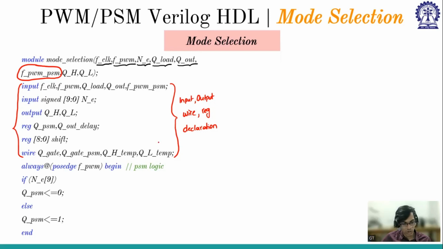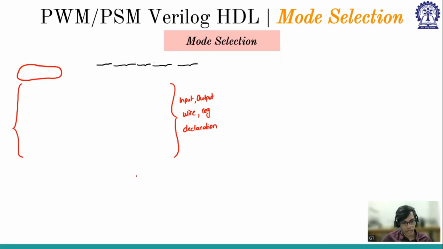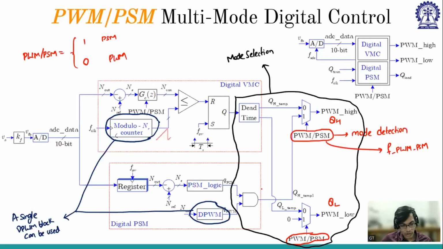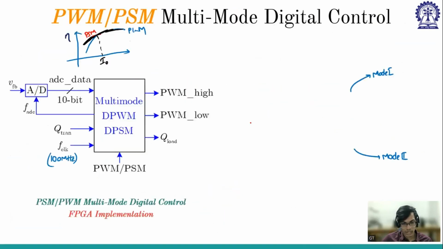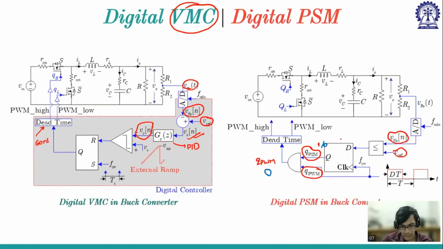Now, if we go into the code, first let us come back here. What is PSM logic? I would like to see what my PSM logic is. I'll go back and see from this one. So this is the PSM logic.